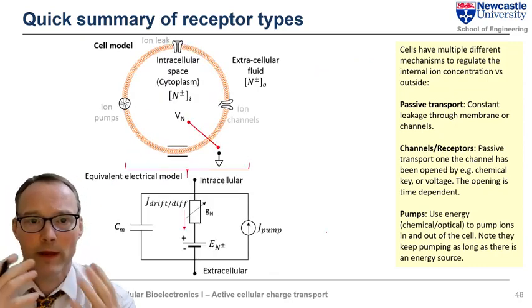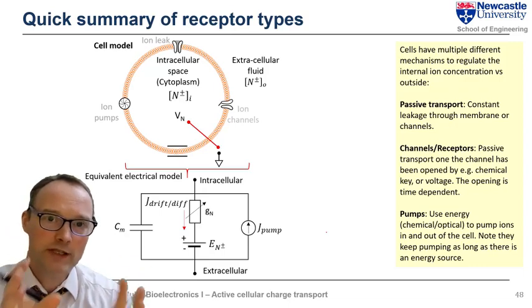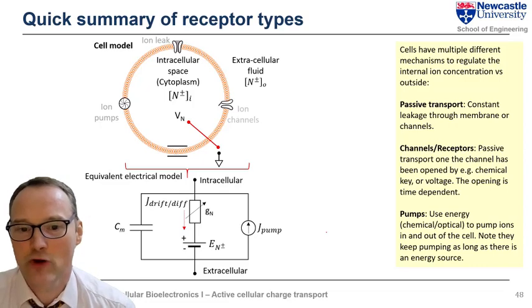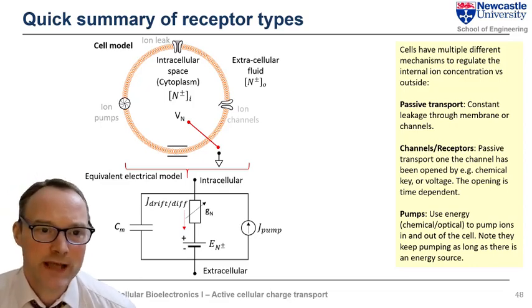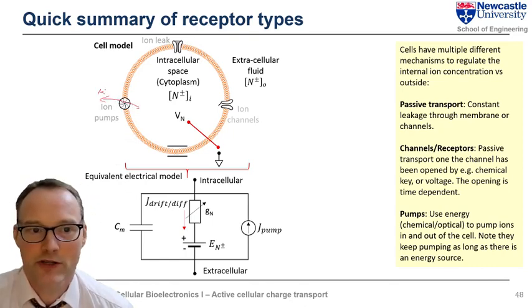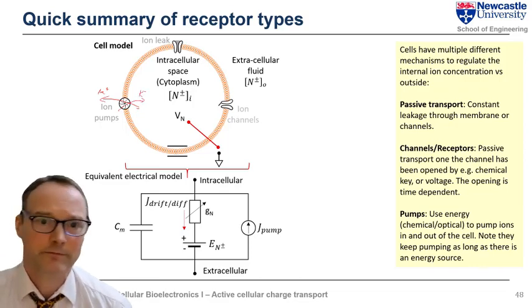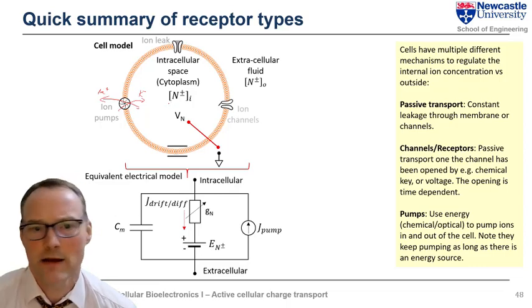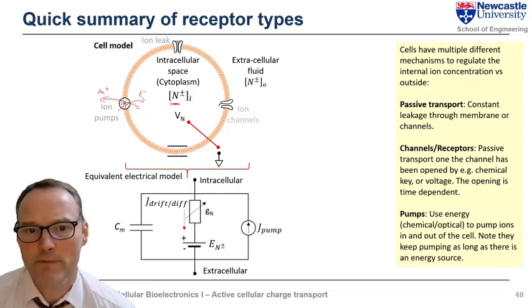So let's think about how we take this and turn it into a more standard electronic model. As we said before, we have pumps continuously pumping sodium out, pumping potassium into the cell. We have this intracellular space, but let's think about it in terms of a particular ion.